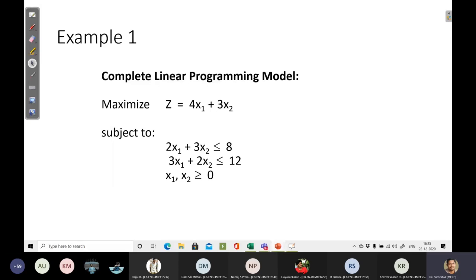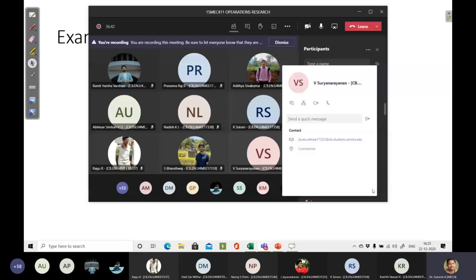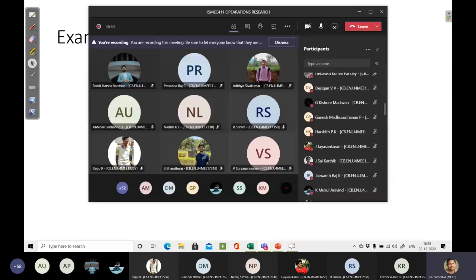So how will you modify it? Jashwant Raj, are you there? Kailash L.